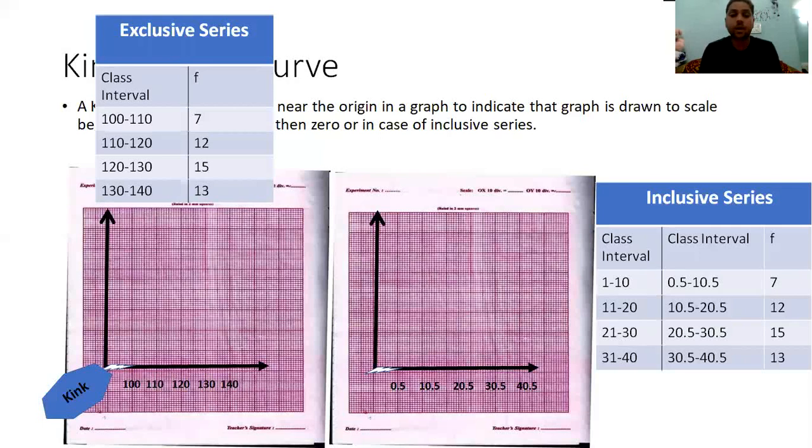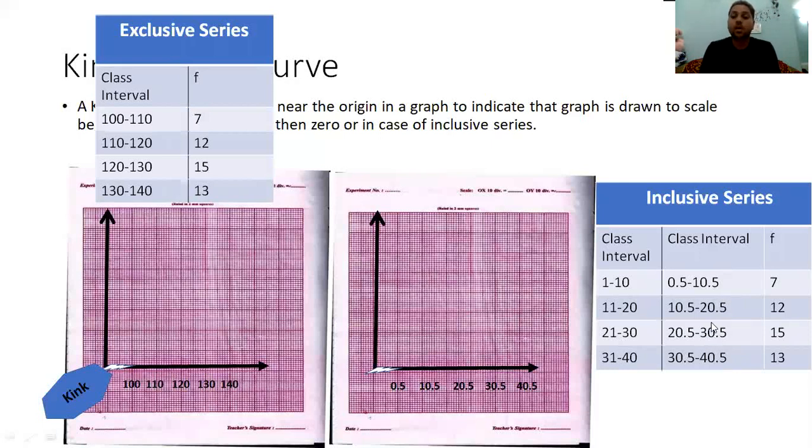As I have already explained, to convert an inclusive series into an exclusive series, we just have to subtract 0.5 from the lower limit and add 0.5 to the upper limit. This is what we have done here. So the series becomes an exclusive series. So we have the inclusive series and we have the exclusive series here.